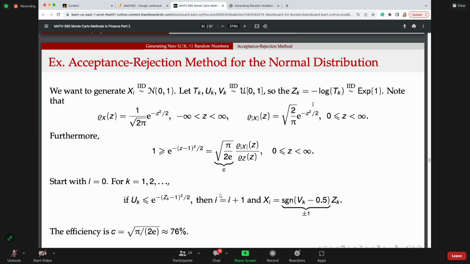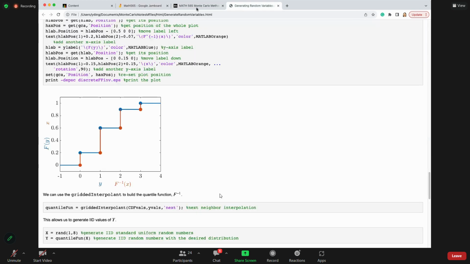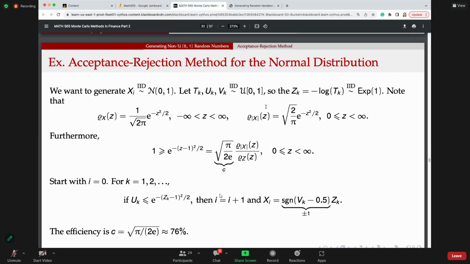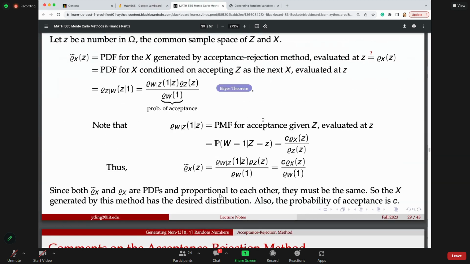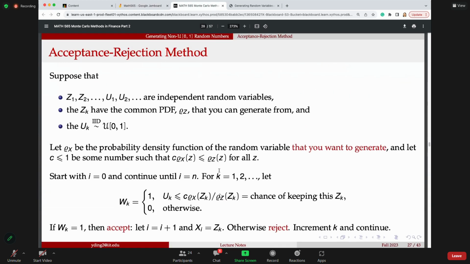Over 2. I forgot. Okay, then let's try to combine them together. We want to show, what is the condition here? We want this to always be true for any z, and then we try to construct that. And c is always less than or equal to 1. So the very important part is to figure out this z.